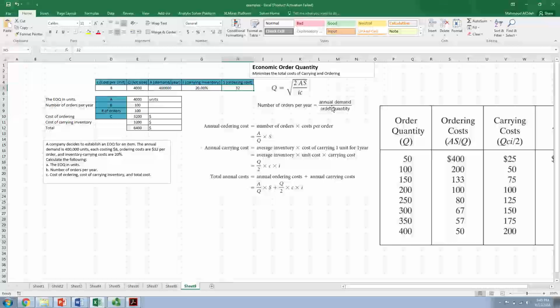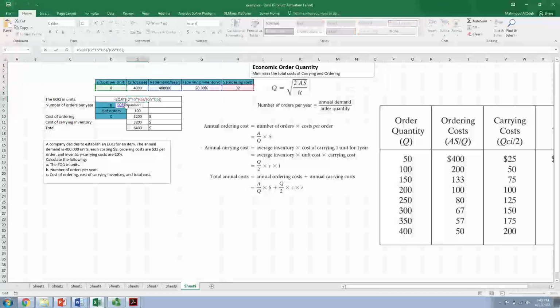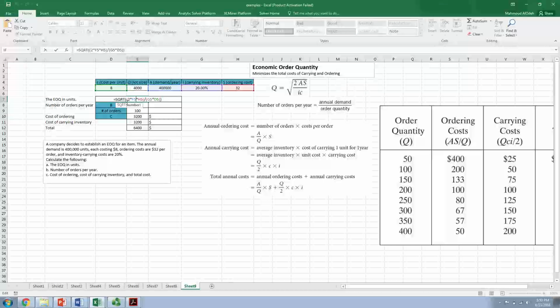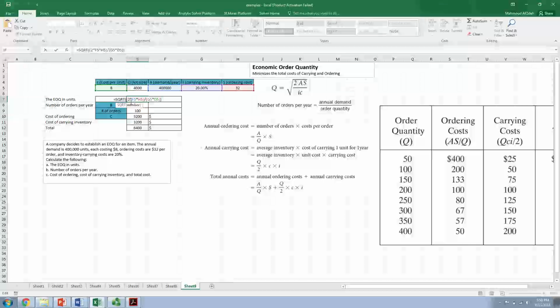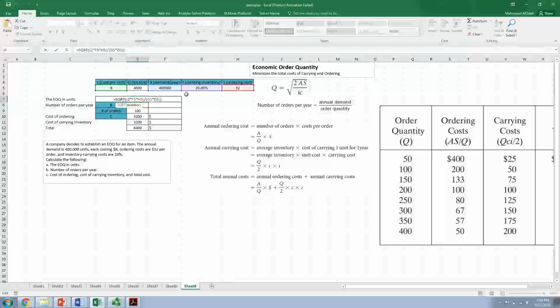After we implement this, we use the square root function and open a parenthesis: 2 times A, the annual demand 400,000, times S, which is 32, divided by I, 20%, times C, which is the cost per item.